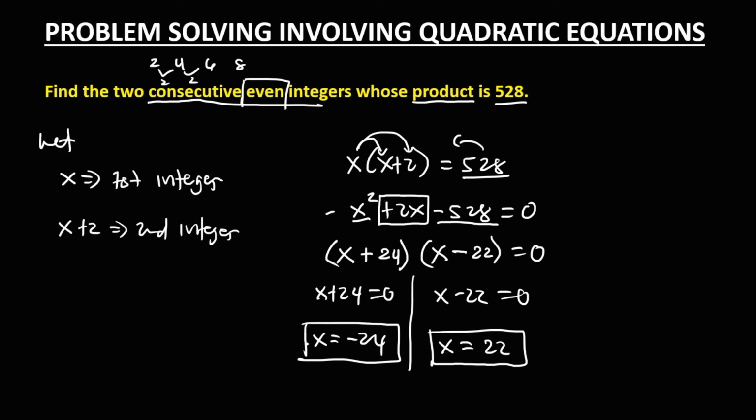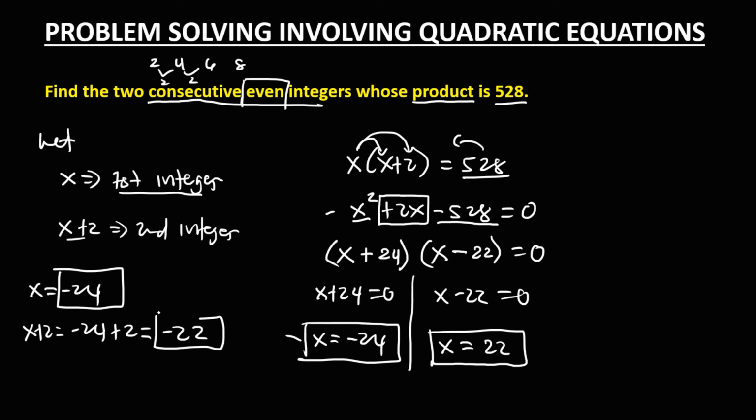If x equals negative 24, that's the first integer. For the second integer, that's x plus 2, or negative 24 plus 2, that's negative 22. So these are the two consecutive even integers.